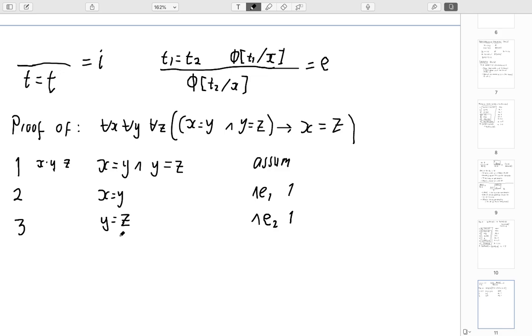So we can take y equals z as the premise t1 equals t2, and our formula phi with t1 replaced, so ignore the x, it is a bit misleading here.